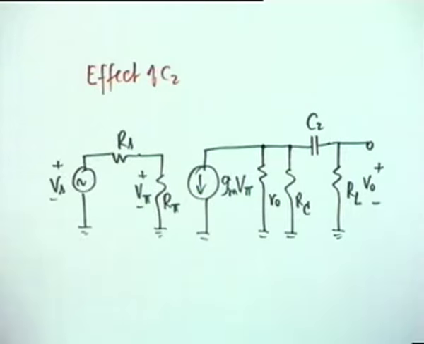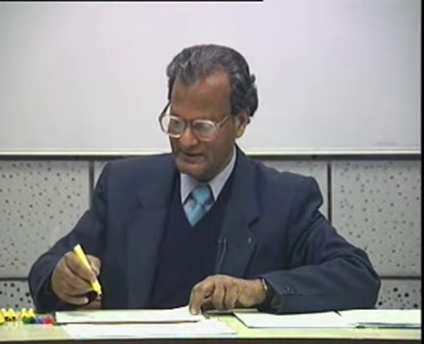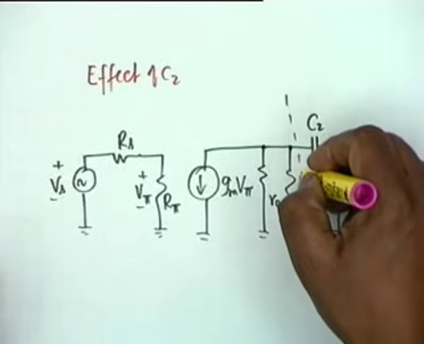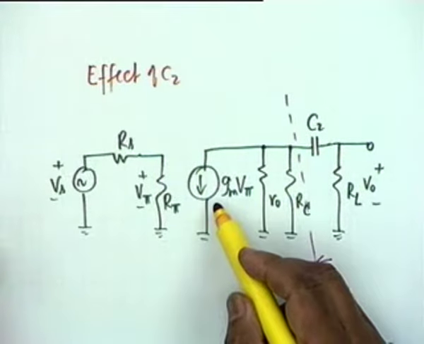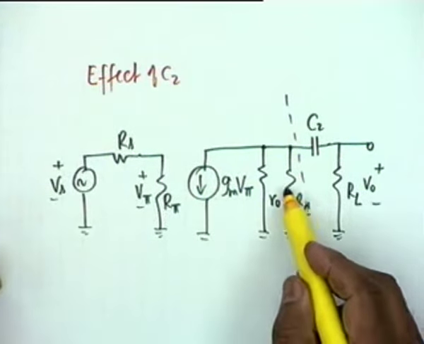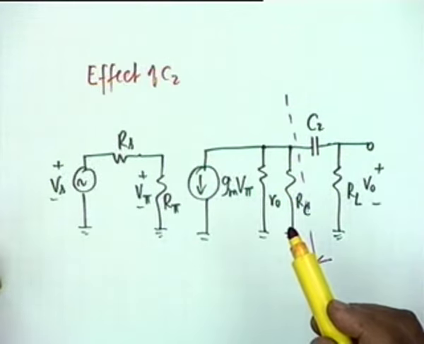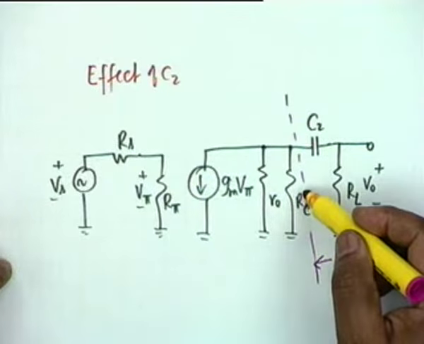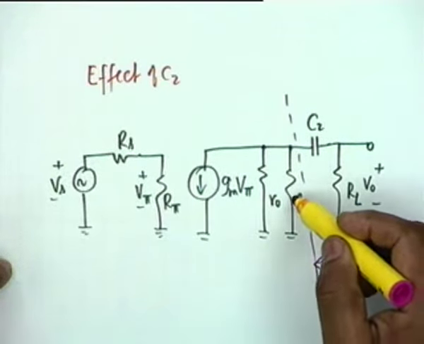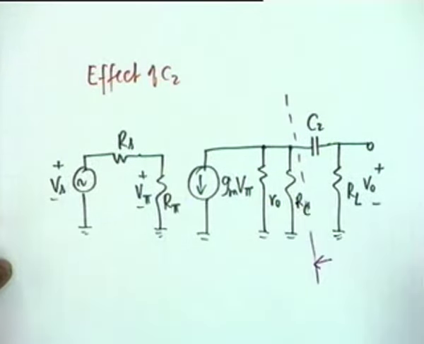Obviously, one can simplify this circuit very simply. If you apply Thevenin's theorem to the left of this line, then you get a voltage source Gm V pi multiplied by the parallel combination of R0 and RC with a negative sign, and the Thevenin equivalent impedance would be simply the parallel combination of R0 and RC.